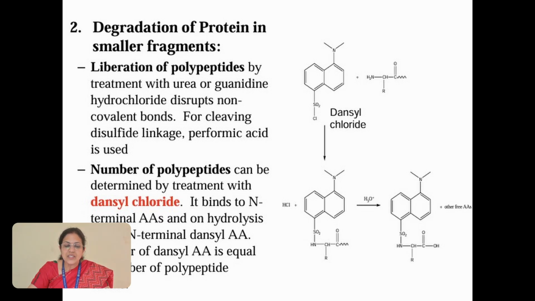This dansyl chloride method helps us to identify the N-terminal amino acids, where it will bind to the dansyl chloride and get hydrolyzed to produce the N-terminal dansyl amino acid. So the number of dansyl amino acids formed in the reaction will tell us about the number of polypeptide chains present in a particular protein.